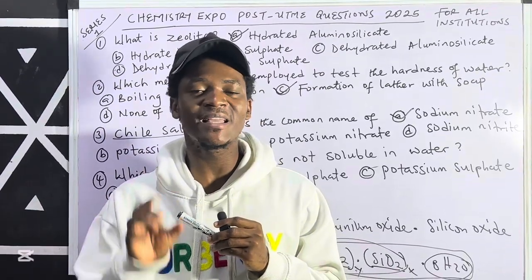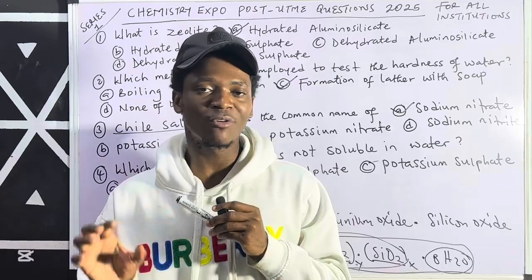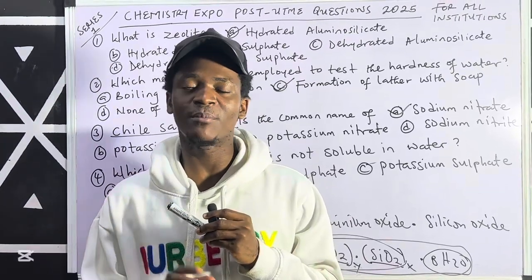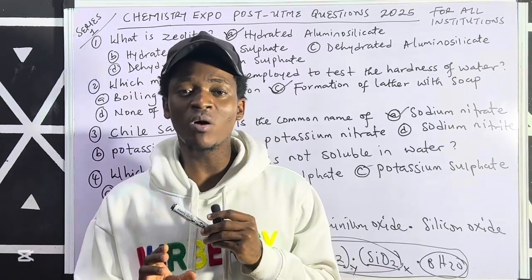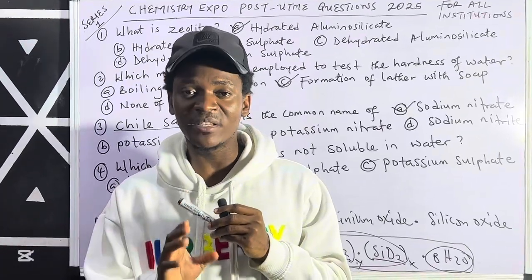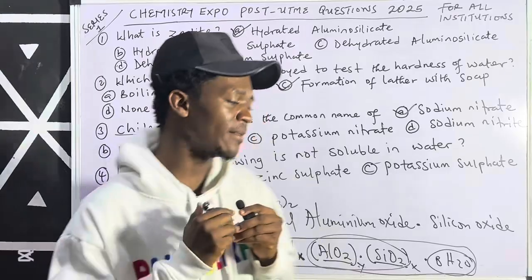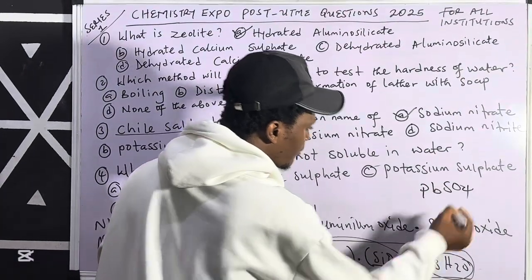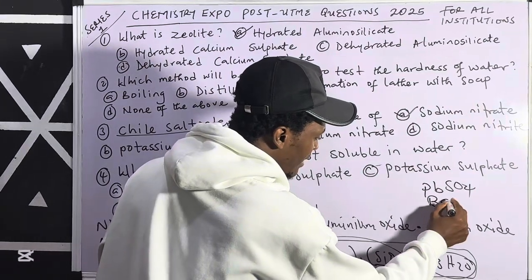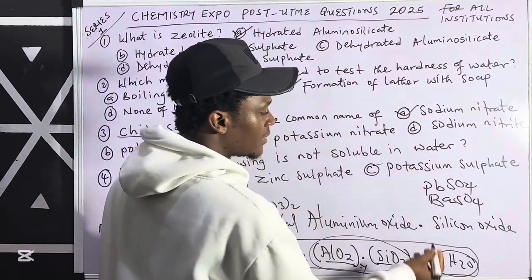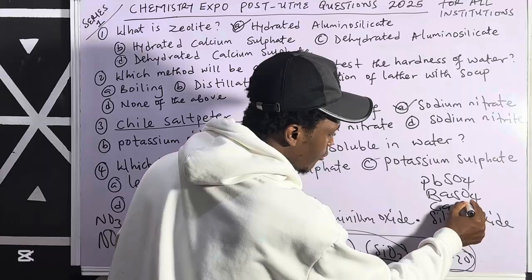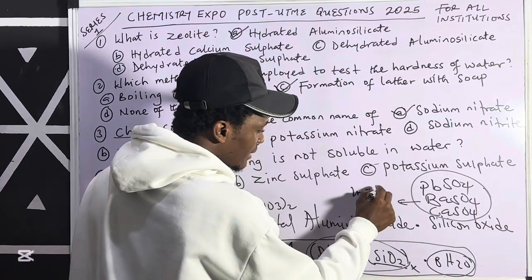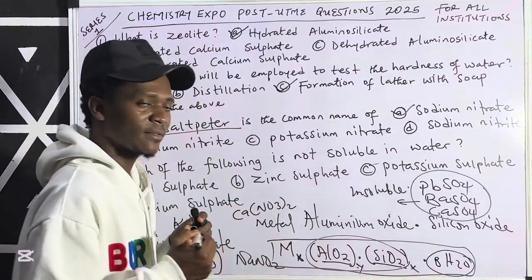Most of them are very soluble in water, meaning they dissolve. The only insoluble sulfates are three: lead, PbSO4, barium, BaSO4, and calcium, CaSO4. These are the insoluble sulfates.